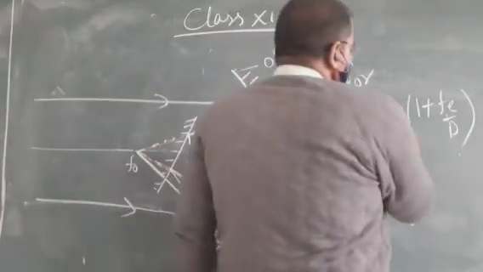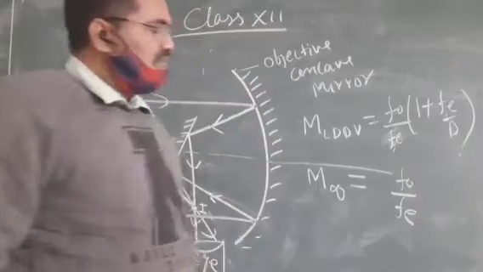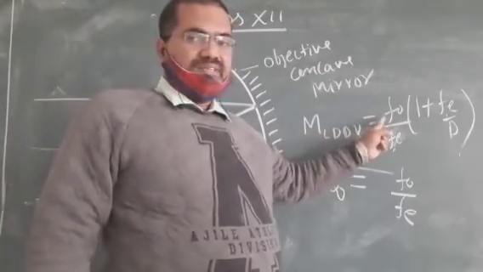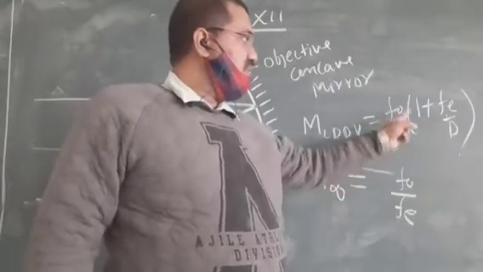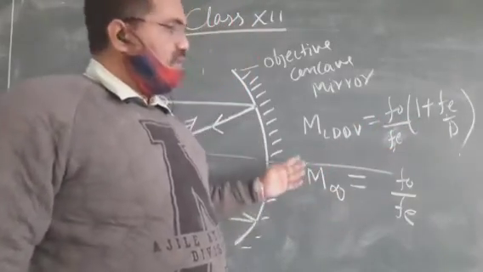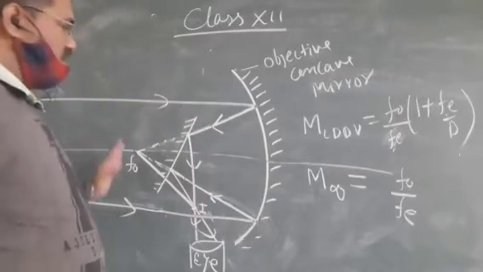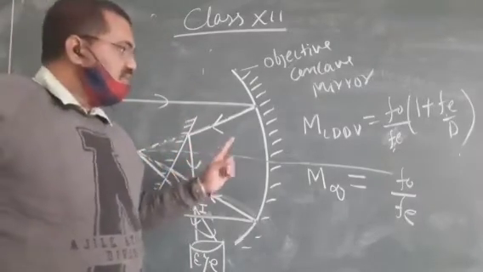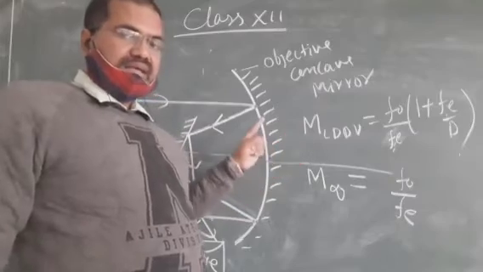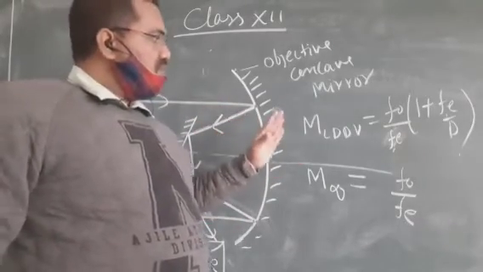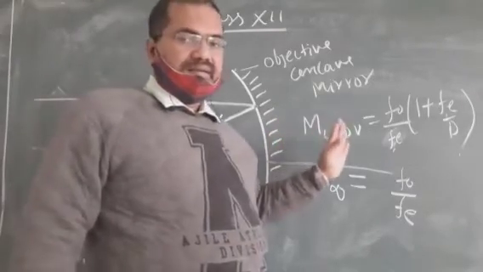But in case of lens, we have used the negative sign convention, that is minus F_O by F_E (1 plus F_E by D). But in case of mirror, this will be positive, because the image is erect in mirror and the image is inverted in lenses. So this sign convention should be remembered.